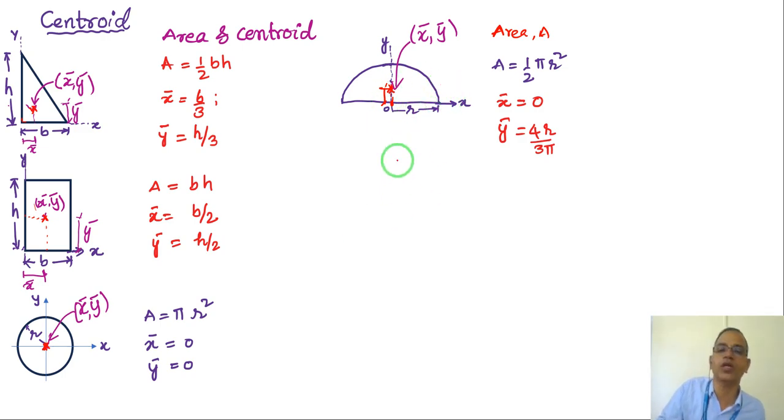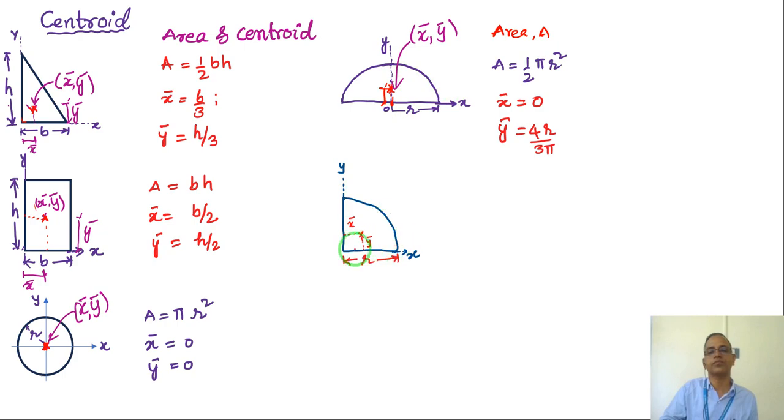If I have a quarter circle, right, the reference axes x axis and y axis pass through the center. This is the quarter of the circle. So the area becomes 1/4 of pi r square. The centroid along the x axis is this distance, x bar, and along the y axis is y bar, which is again 4r by 3 pi, and y bar also 4r by 3 pi.